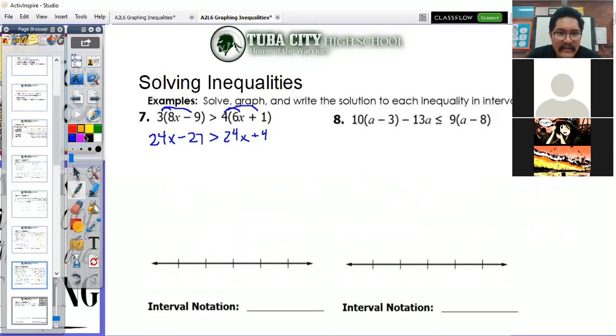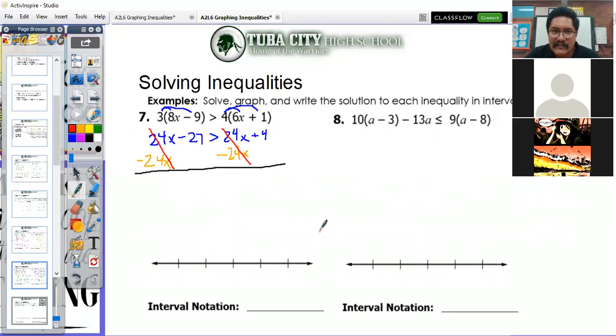Okay, nothing seems off. But I'm going to move this 24, so let's get this 24 off of here. And okay, do you see it yet? We lost the 24x and this 24x also.